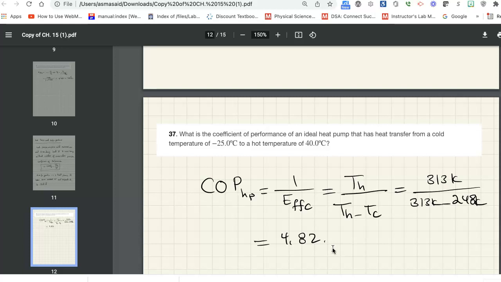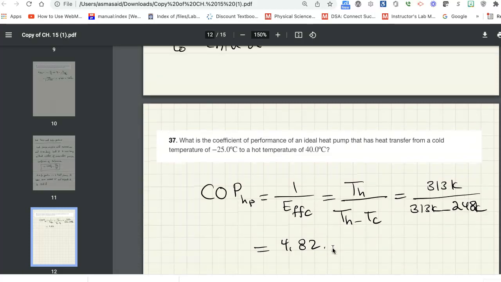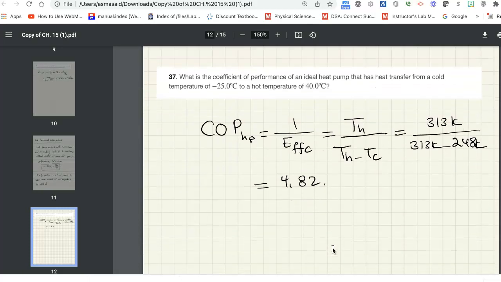Now, COP for a heat pump is going to be 1 over the efficiency, which is T hot divided by T hot minus T cold, and that is going to be 313 Kelvin divided by 313 Kelvin minus 248 Kelvin, and that is going to be 4.82, and that is the number for the coefficient of performance.